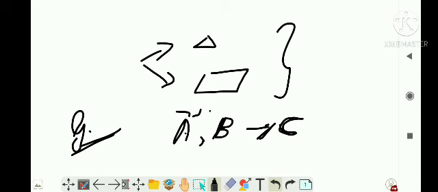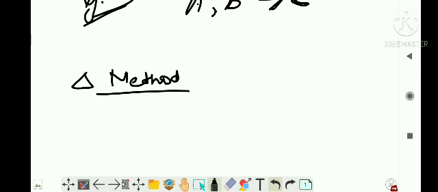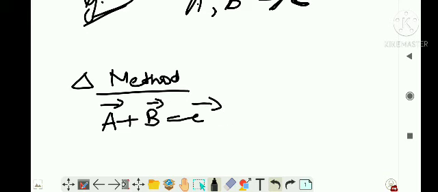Clear? Now how will we do it? First we'll use the method called the triangular method. By using the triangular method I'm going to find the direction of the resultant of the sum of two vectors. That is, if A plus B is C, and I know the direction of vector A and the direction of vector B, then what might be the direction of C?